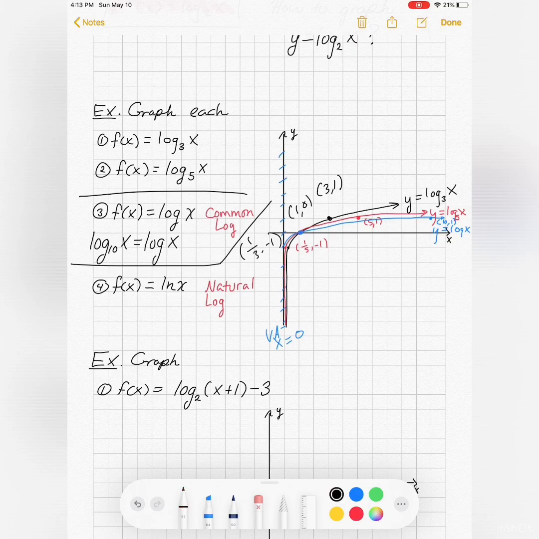This guy comes up often enough that it's given its own designation, and it's a logarithm with base e. We talked about e in the last section. So whenever we have a logarithm base e, we write that as an ln, okay? If I'm graphing that one, my first point would be at e, 1, so that'd be 2.71.